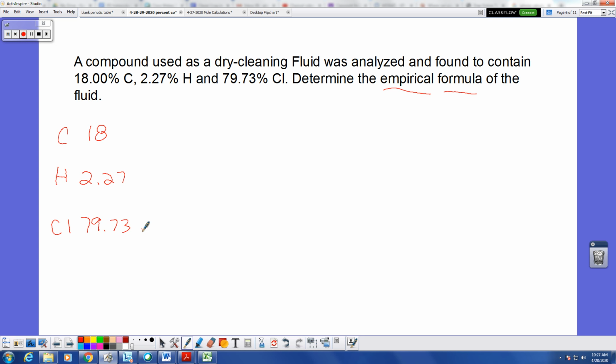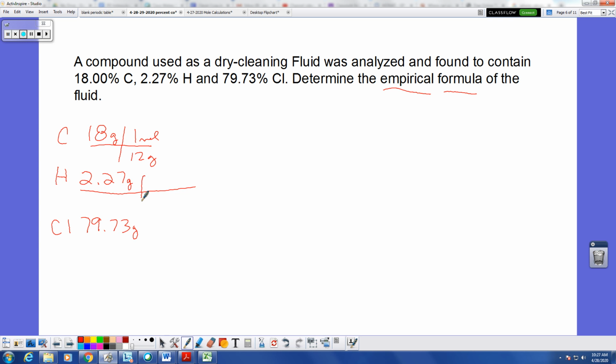Okay, so to compare things of carbon to hydrogen to chlorine, we have to compare them in moles. So if these are grams and we need moles, if you remember our factor label from a couple days ago, we need to do 12 grams of this in 1 mole.